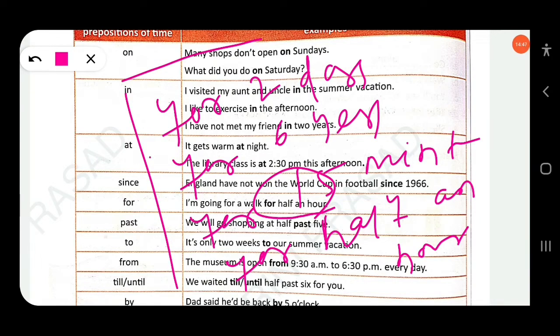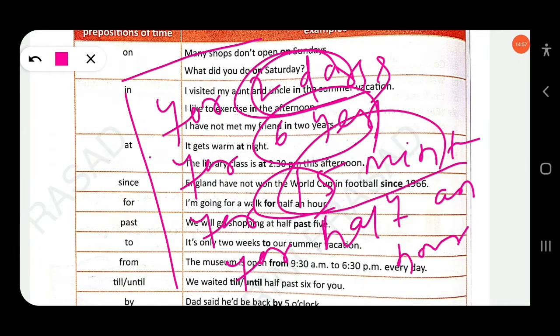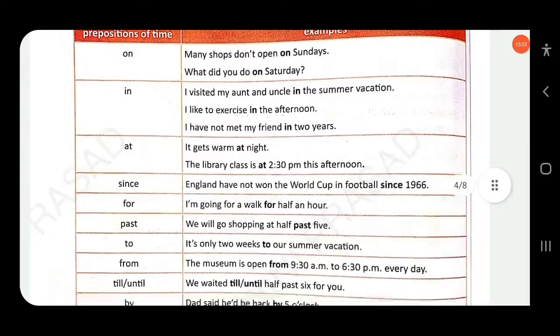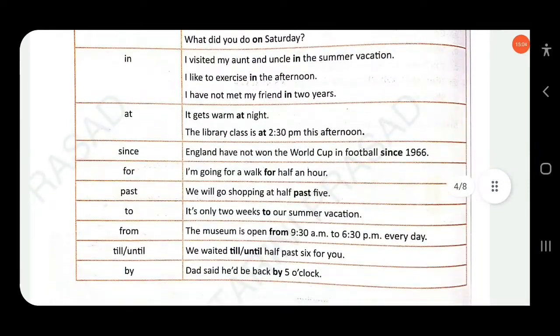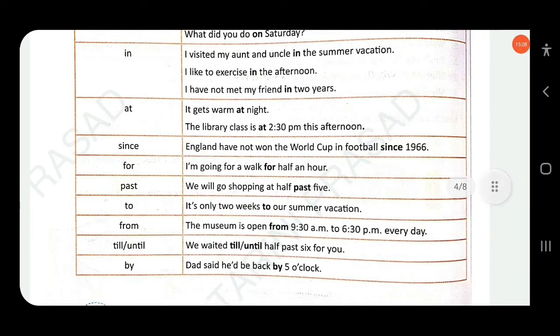It indicates duration of time. For 2 days, duration of time, for how many days? For 2 days, for 6 years, for 15 minutes, for half an hour. So this is the difference between for and since. Since is used to indicate point of time, and for is used to indicate duration of time.